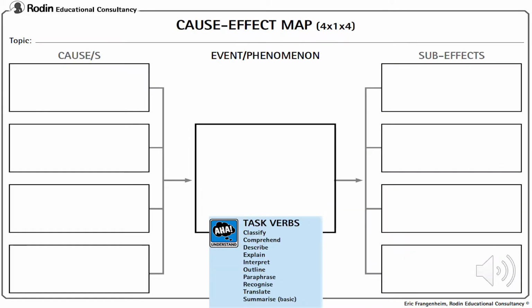If you want to get to the understand level and you ask them to explain a phenomenon such as drought, on the left, you would have the causes. And again, this helps your learners to think of some 4, 5, 6, 8, 10, 12, 14, 15, 16 causes.